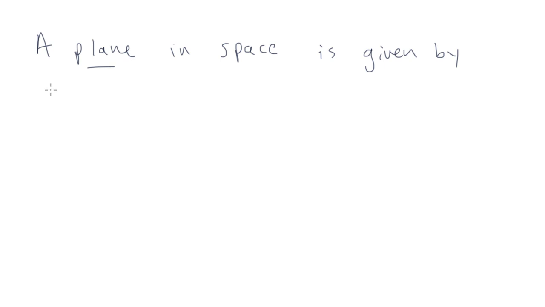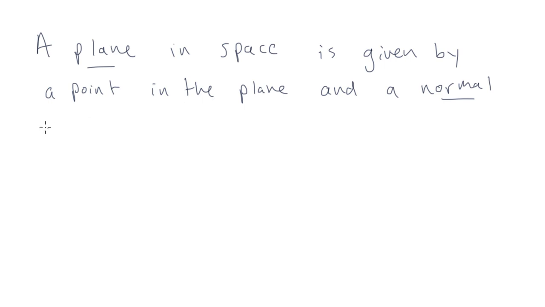So the other interesting object we can talk about in space is a plane. And vectors are really going to allow us to describe planes really well. So a plane in space is given by a point in the plane and what's called a normal vector.